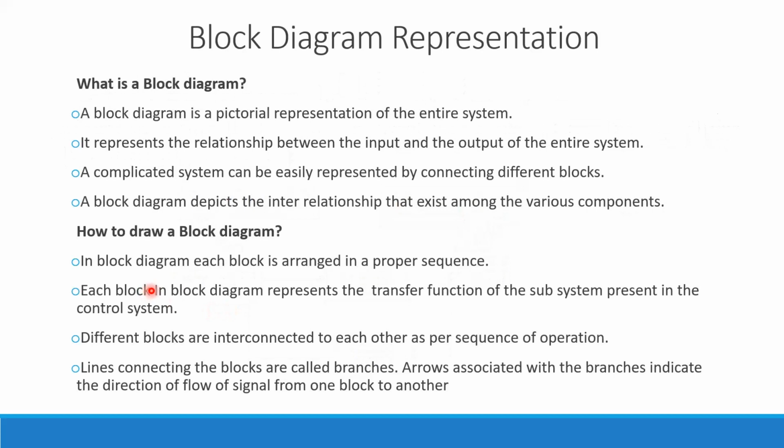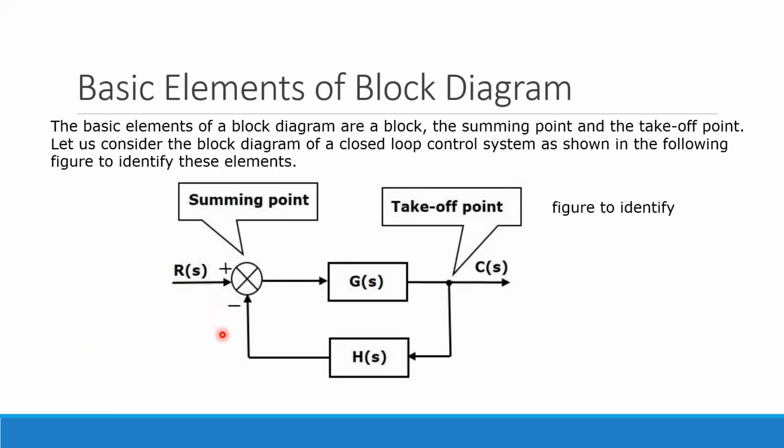You can see here there is one input coming here, another feedback is coming here, and it is getting summed here, or being compared with each other. This one shows a positive sign, here it is a negative sign, so R of S and H of S are going to be compared, detected here with the help of this summing point.